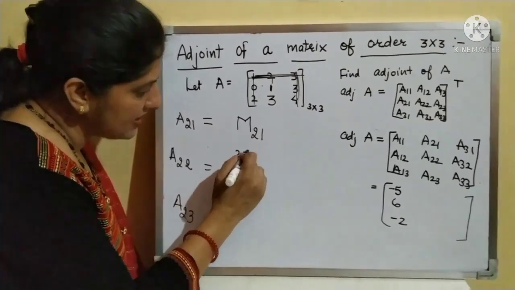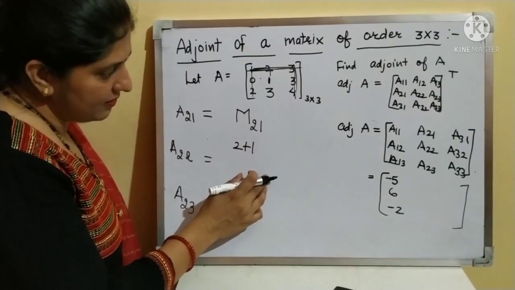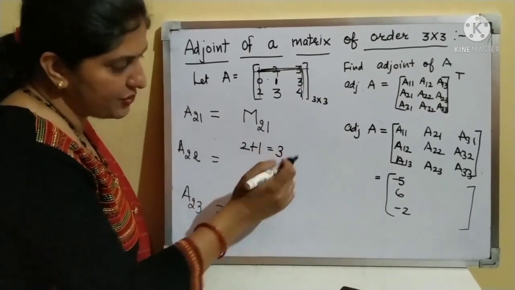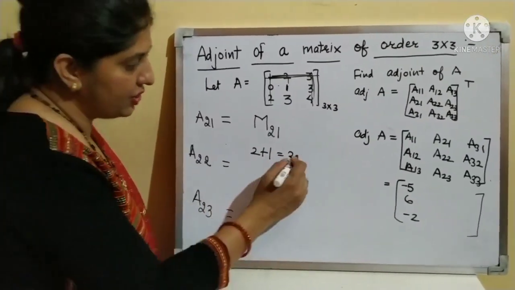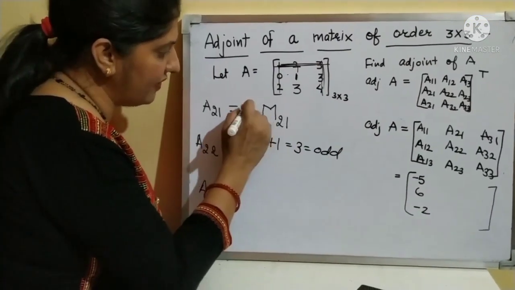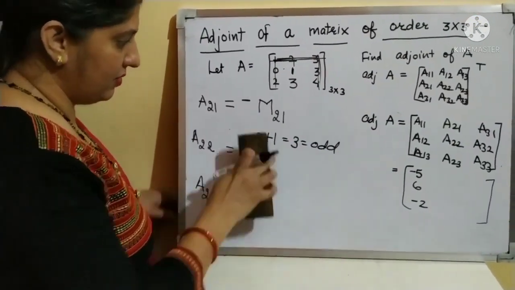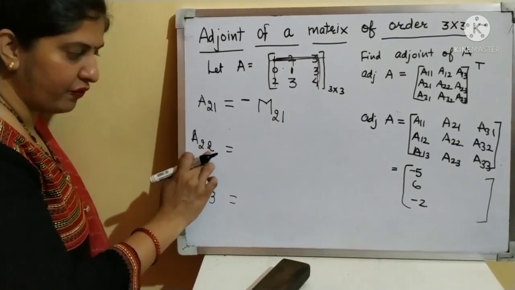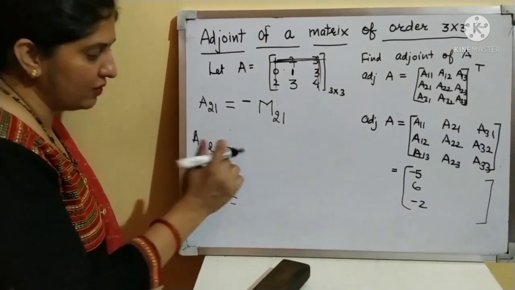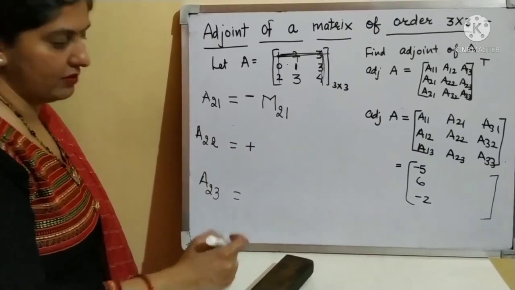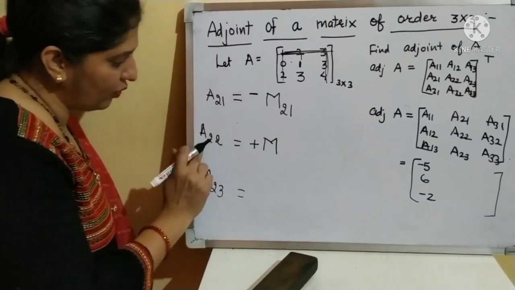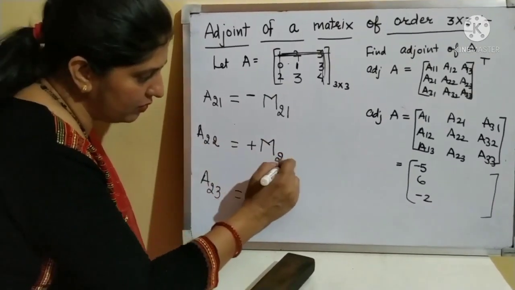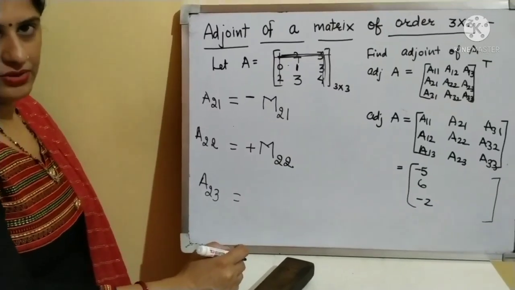Here, the sum of the suffixes is 2 plus 1 is equal to 3. 3 is odd, so sign will be negative. Check here. 2 plus 2, 4. Sum is even, so sign will be positive, and the answer of the cofactor is equal to the minor of that element.